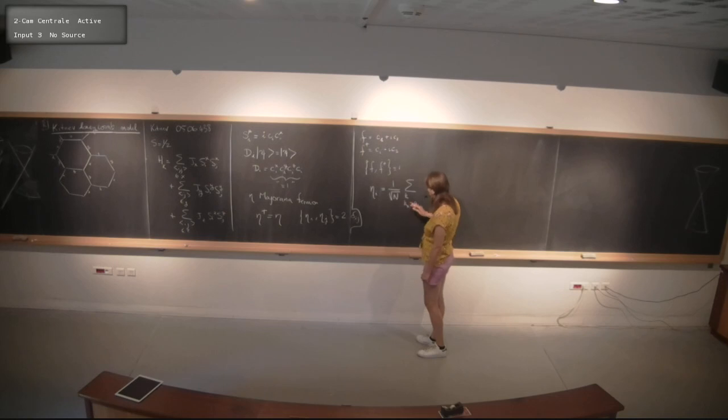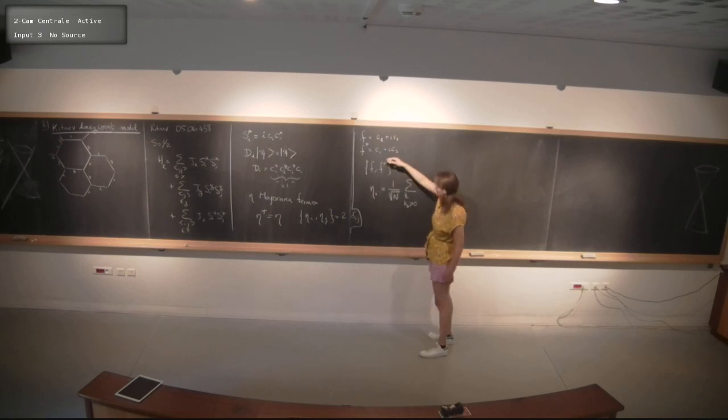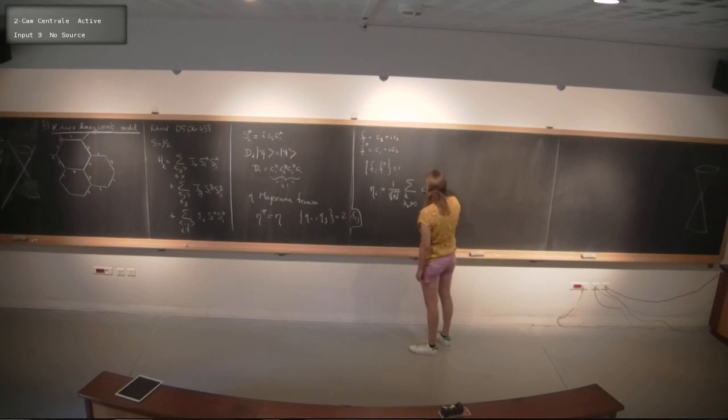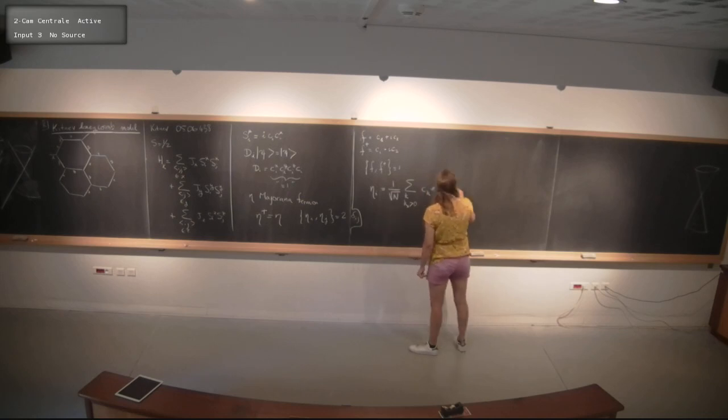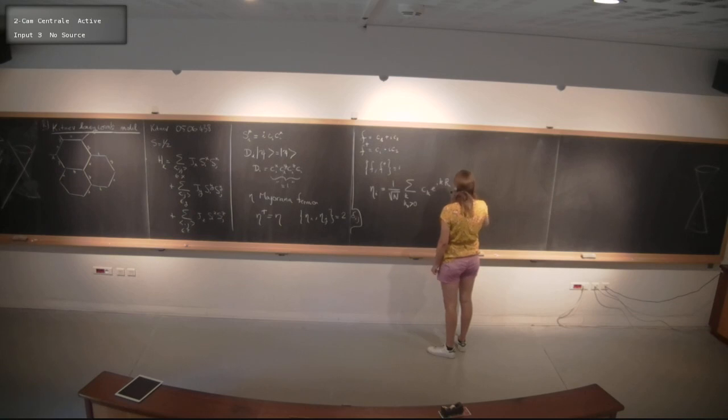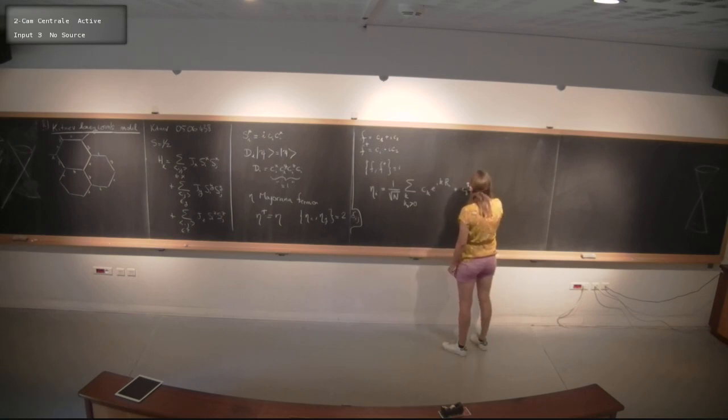That's a choice, since there are not enough degrees of freedom for Majorana operators to span all of the k's, and so this would be c_k e to the i k dot r_i plus c_k dagger e to the minus i k dot r_i.